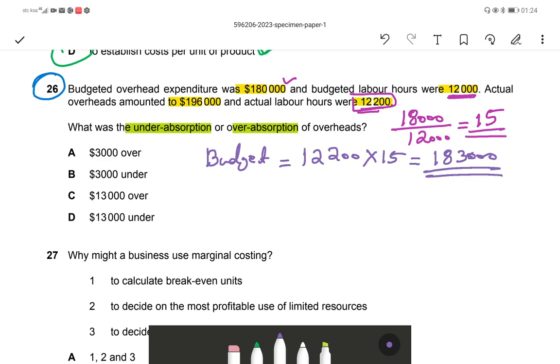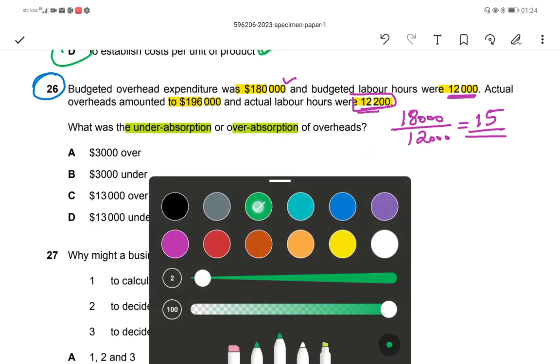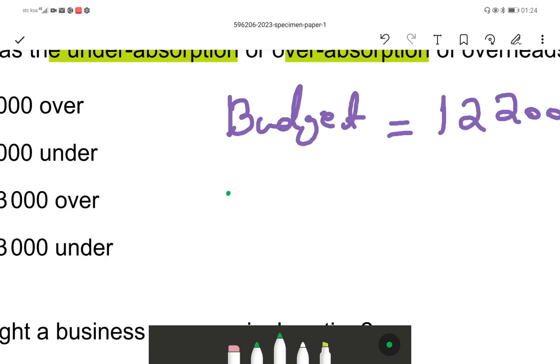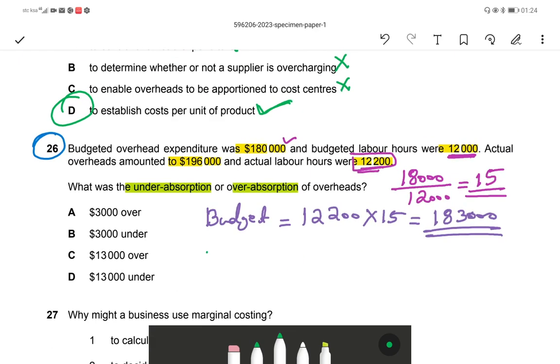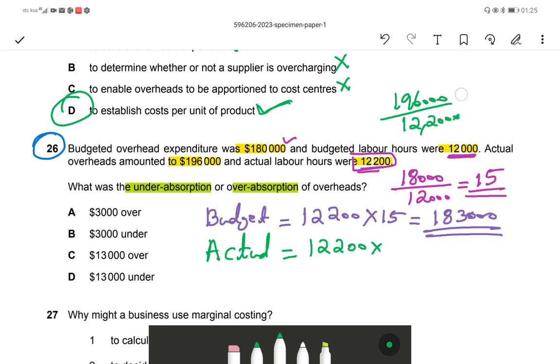12,200 into 15 is 183,000. But what is the price of actual? Actual is 12,200 hours, and the actual overhead is 196,000.